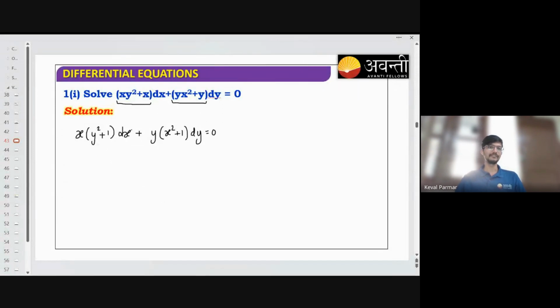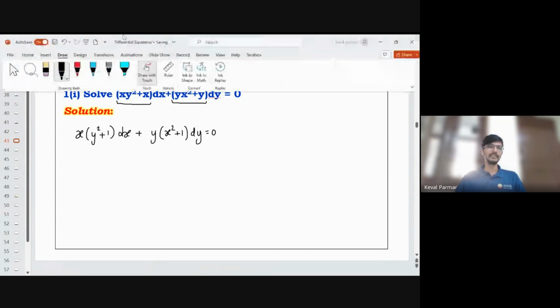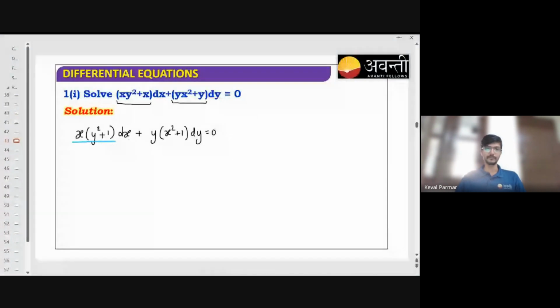Now with dx we only want x. So we'll divide throughout by x square plus 1 into y square plus 1.